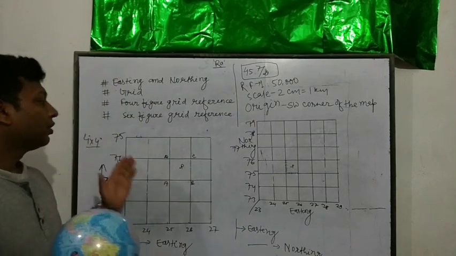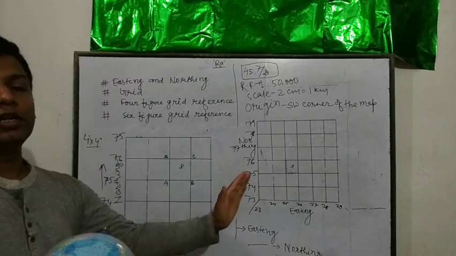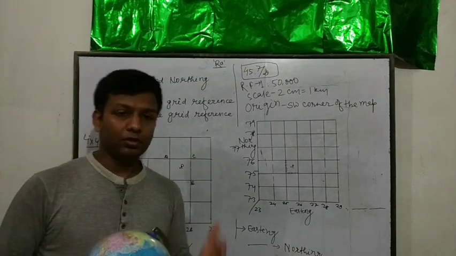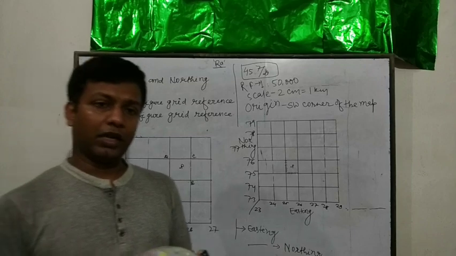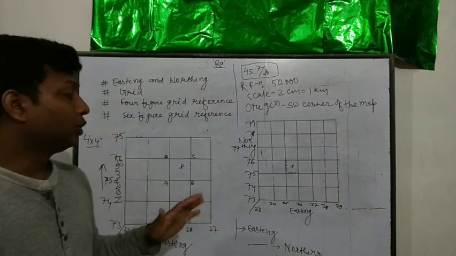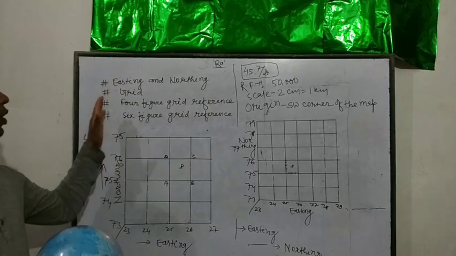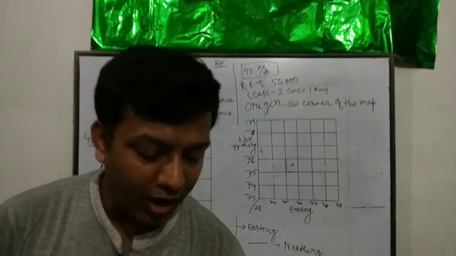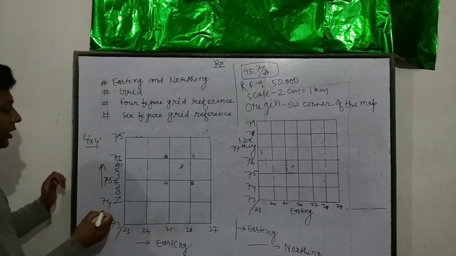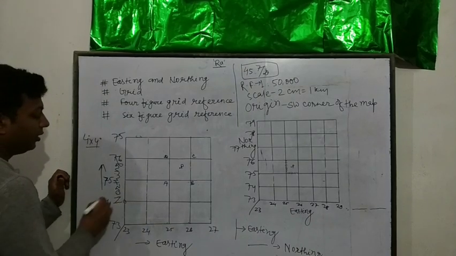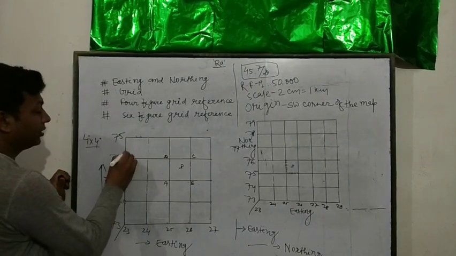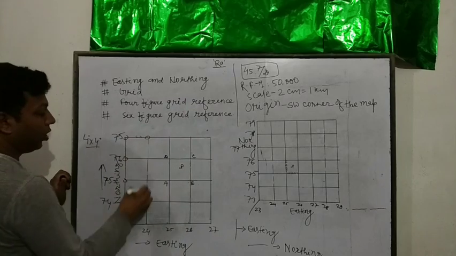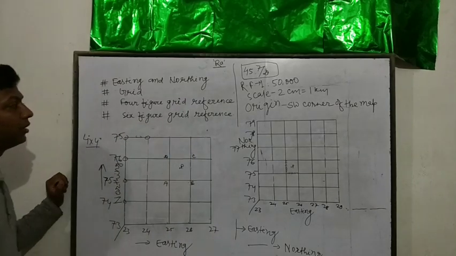And from west to east, it is what? It is northing. Clear? So, what is a grid? A grid is the point where easting and northing meet at 90 degrees. This is a grid. This is a grid. All are grids. Okay?